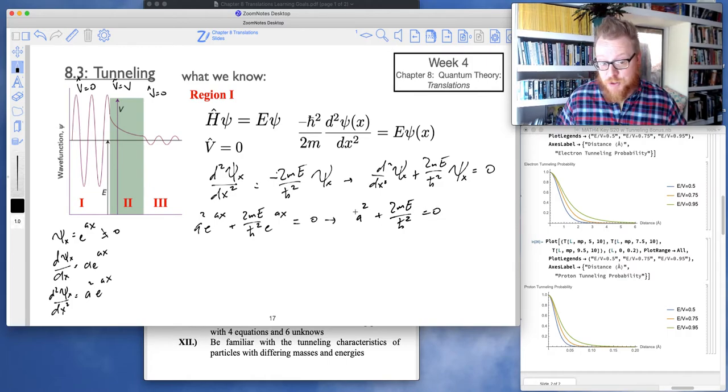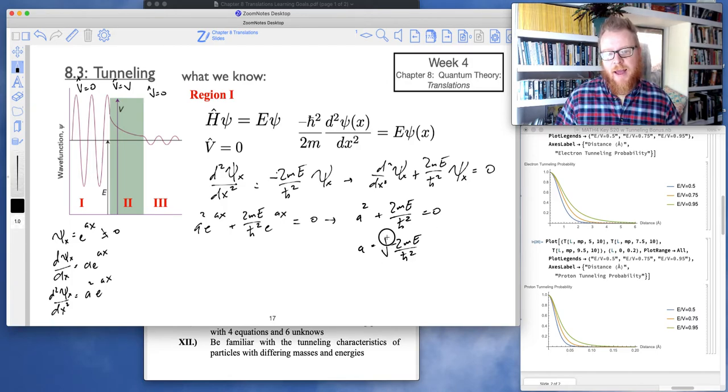And now I simply just want to solve for a using algebra. So I can see here that a is going to be negative 2mE all over h bar squared, and the square root of that. Okay, and so now this means we have an imaginary root situation.